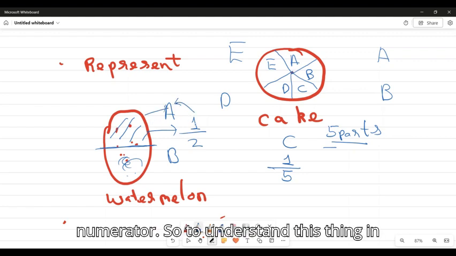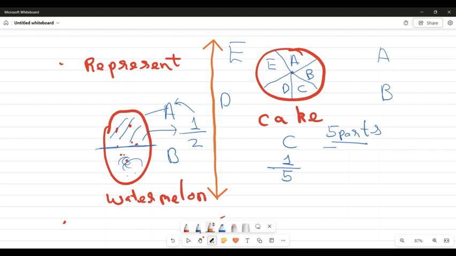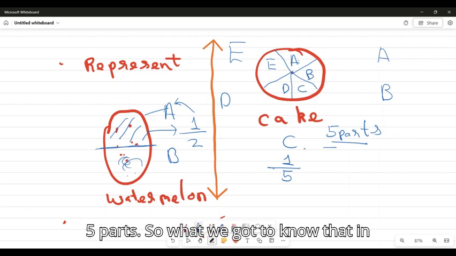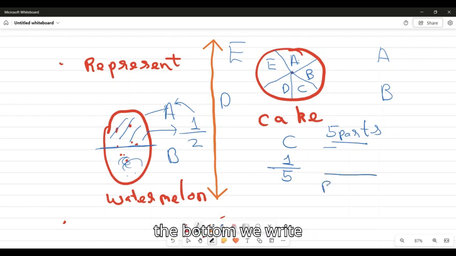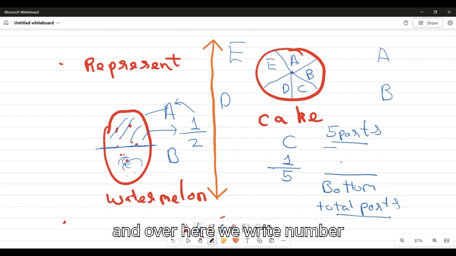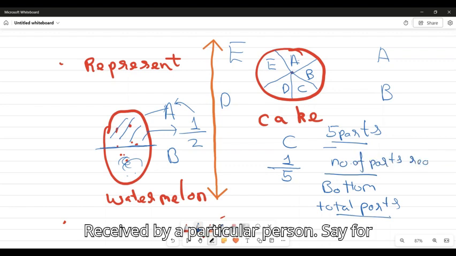So to understand this in comparison also, here A received one part out of the whole five parts. So what we got to know is that at the bottom we write total parts, and over here we write the number of parts received by a particular person.